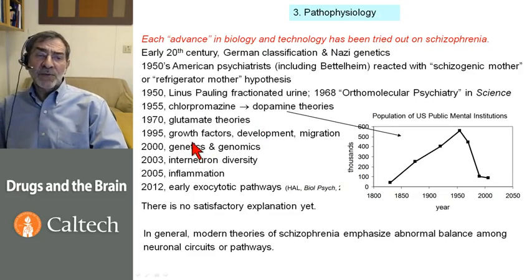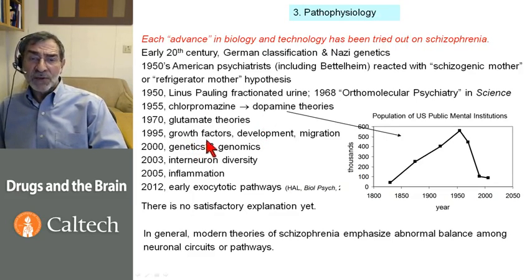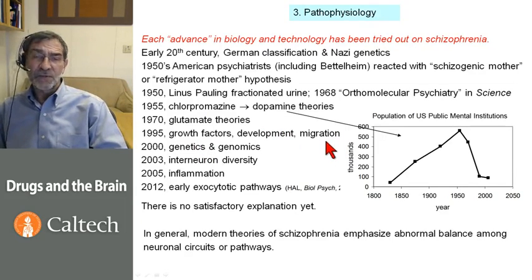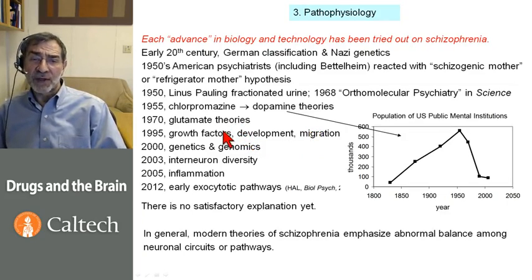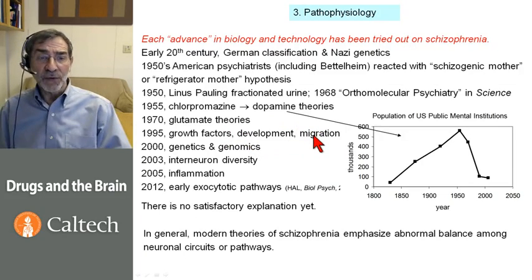In the 90s, when we learned more about growth factors and development and migration and understood that schizophrenia typically sets on in the late teens, then it became possible to think about schizophrenia as primarily a developmental disease, one in which growth factors do not correctly control migration of neurons.